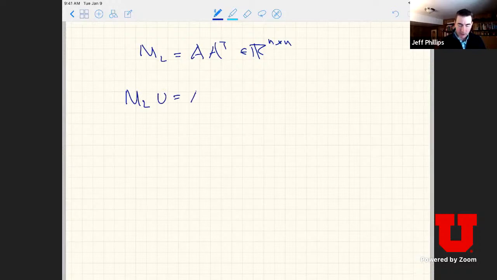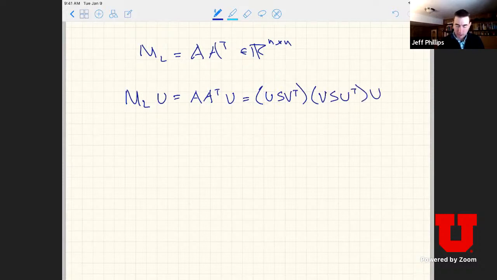And this is A transpose times U. And this is going to be U S V transpose V S U transpose U. And if I factor out these same components, which are these identities, then I'm going to get back U S squared again.